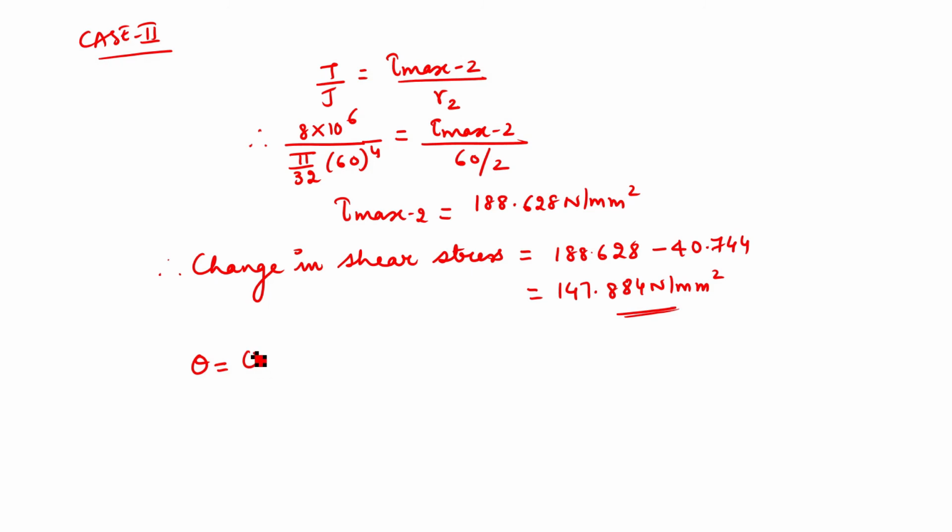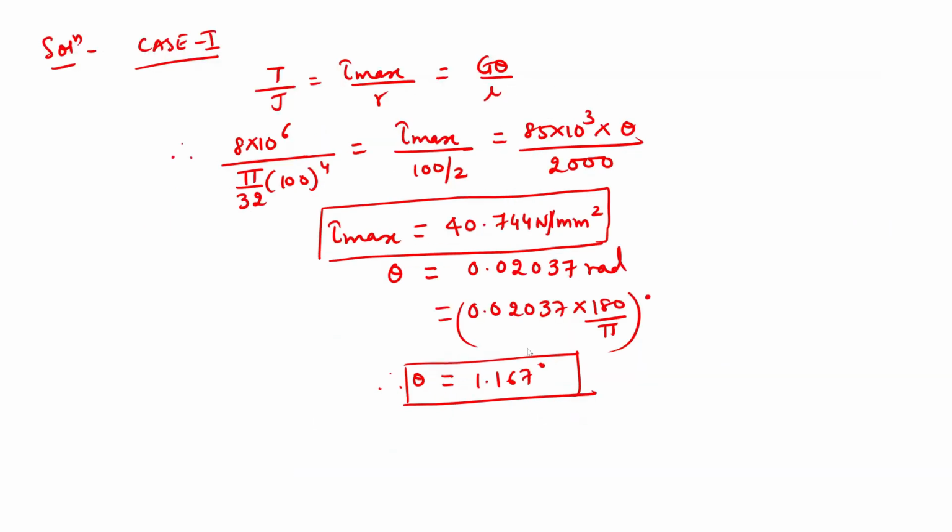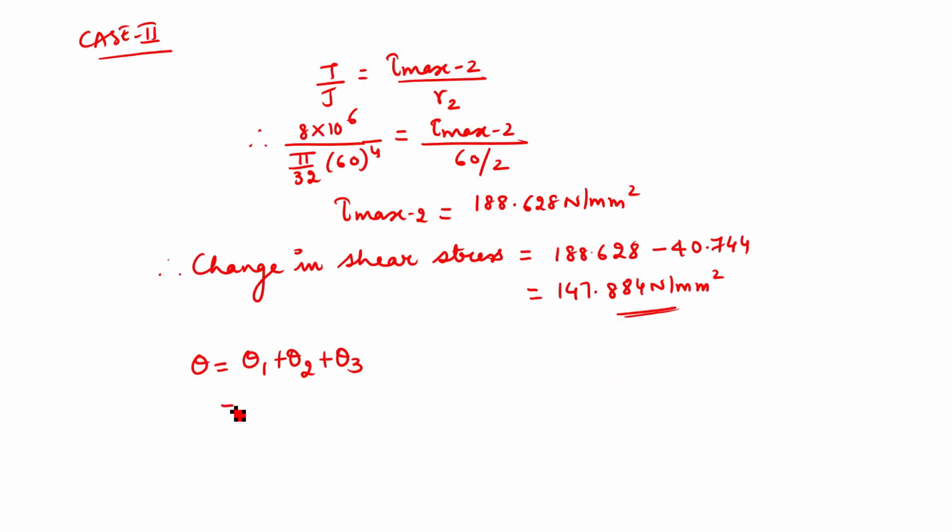Here I will take it as theta 1 plus theta 2 plus theta 3. That is the change in this material plus change in this material plus change in this material of twist. Now the value of T is something that is common, so I'll take it outside. The formula is TL upon GJ. For the first one, length is L1.